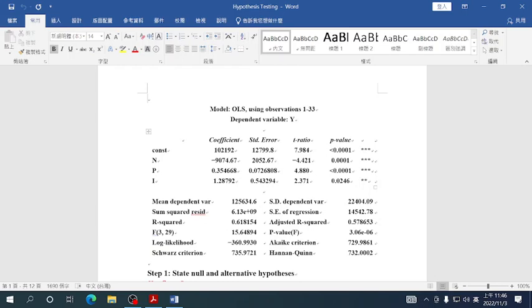We didn't tell the computer, right? So all the computer output is always two-sided. They're always working with two-sided, okay?